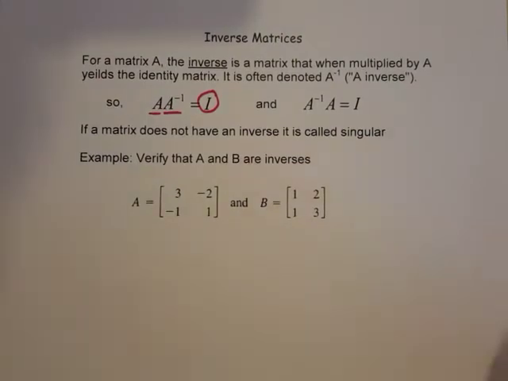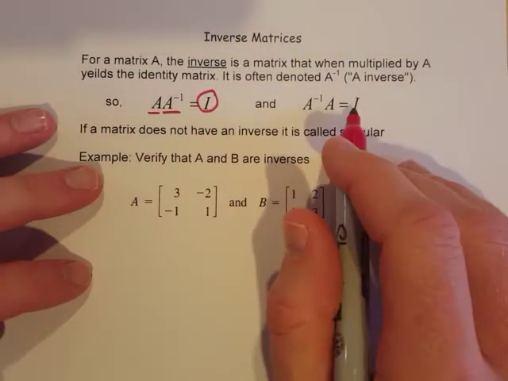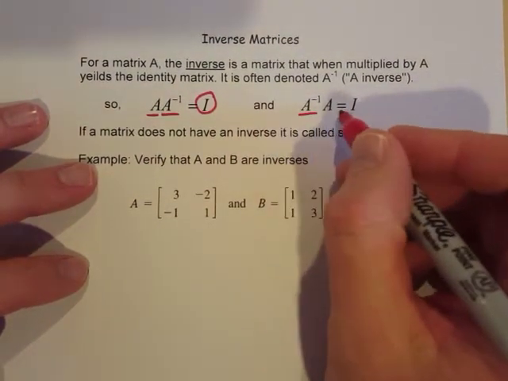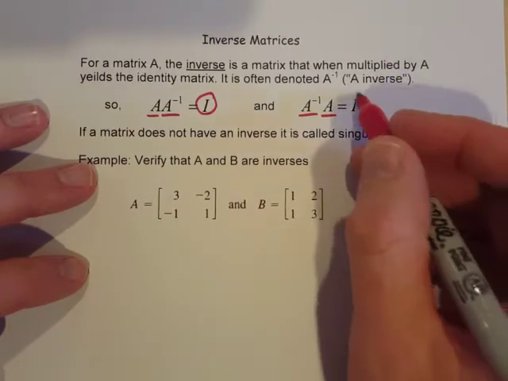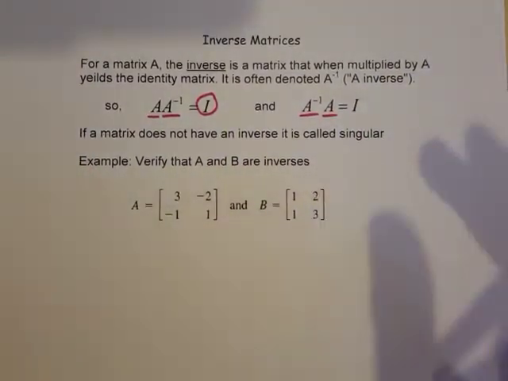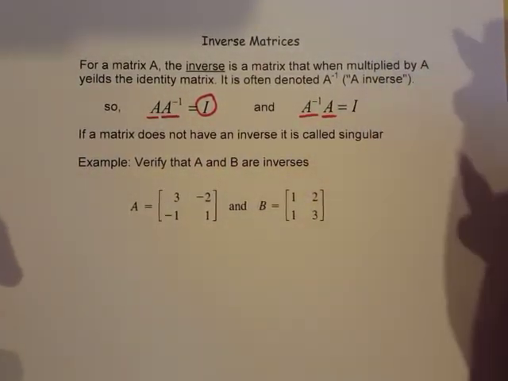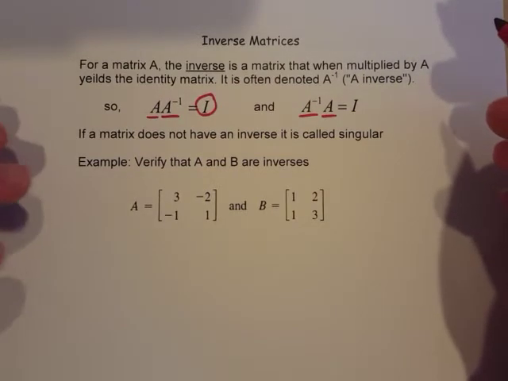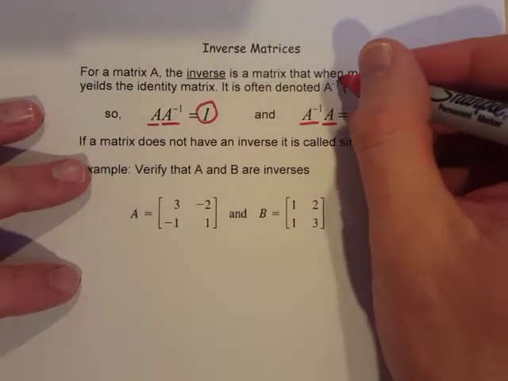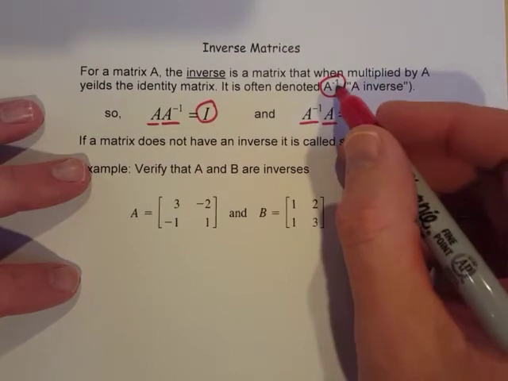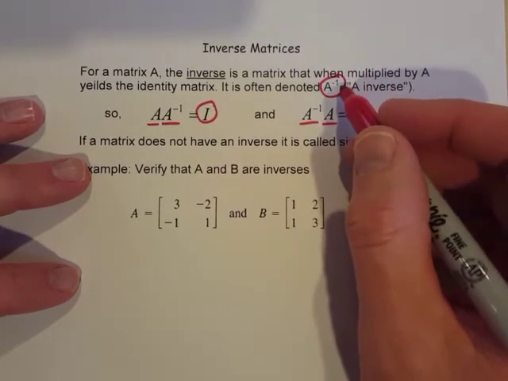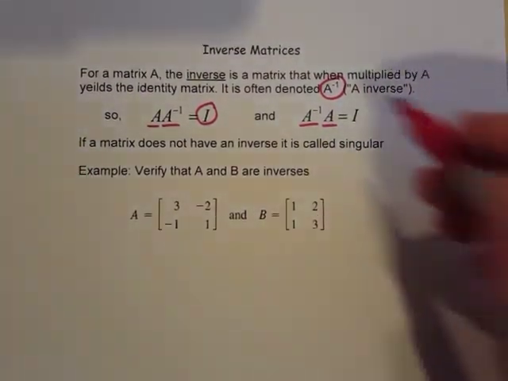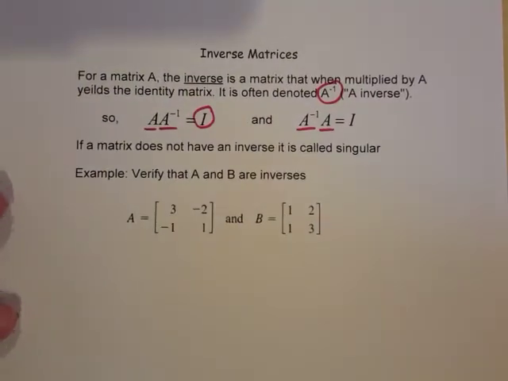So this is going to be a way that we can test to see if matrices are inverses of each other, as if the identity comes out. Now this works the other way as well. A inverse times A, we flip it around. This one will also be the identity matrix, and this is for inverses only. Keep in mind that this -1 here does not mean an exponent. That is, again, a symbol for inverse. So you say this as A inverse, not as an exponent.